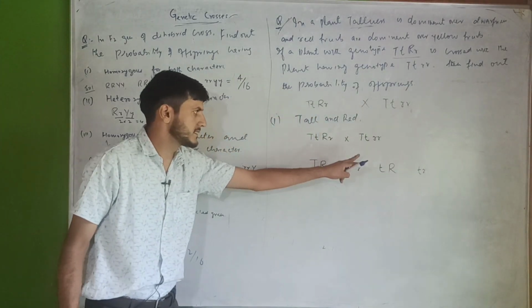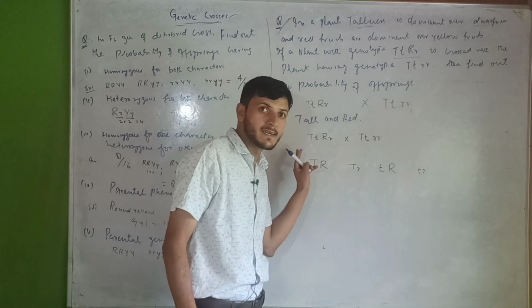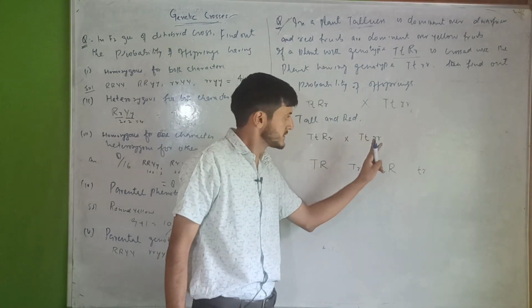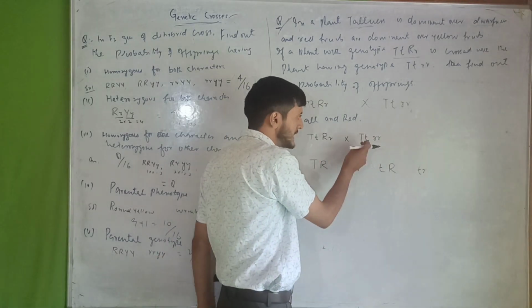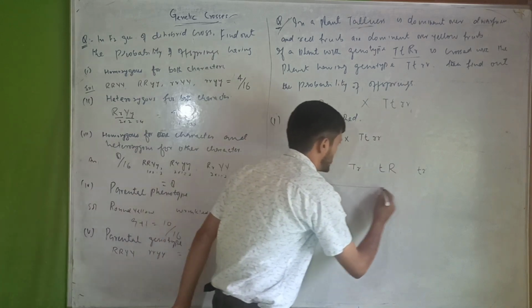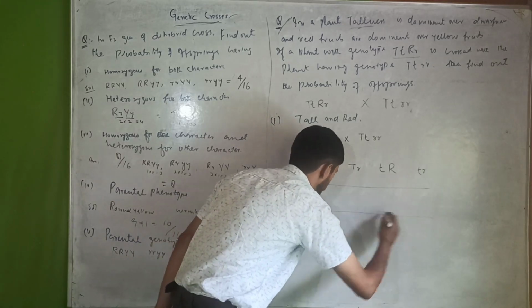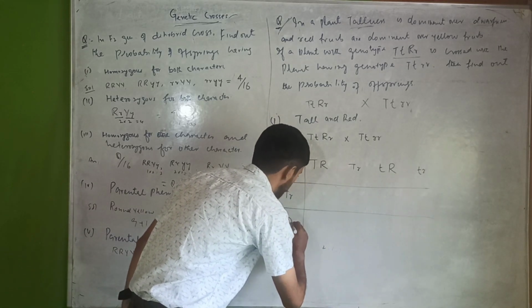These are the 4 different types of gametes. It is crossed with the other plant. How many gametes are formed there? Capital T small r, and small t small r.